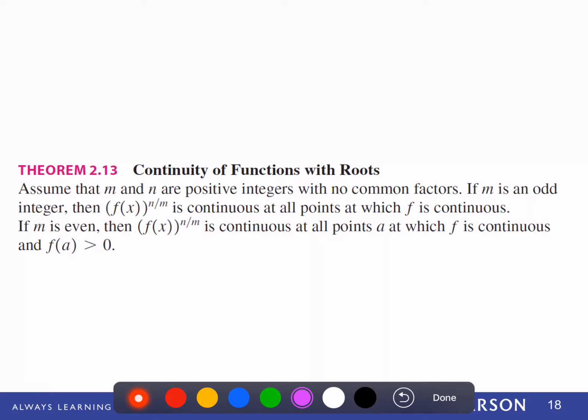If I have a function taken to a rational number, n over m, then we get some certain things based on whether m is even or not. The reason we're worried about m being even here is that if I look at a function like x, that is obviously going to be continuous since it's a polynomial.